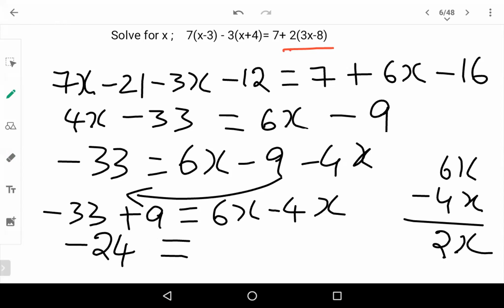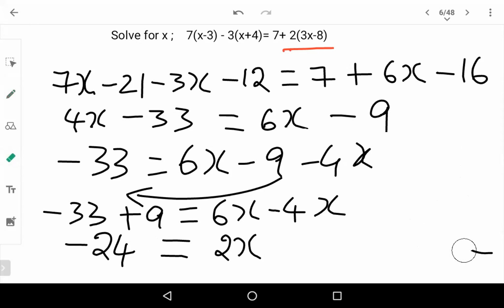Here you will not take minus because the bigger number has plus as the sign. So this will also be plus. Okay, so you have 2x which is there. I'm going to solve it here.